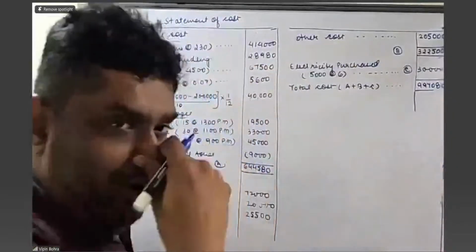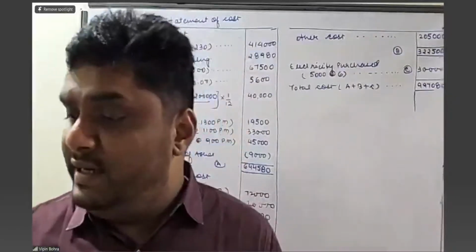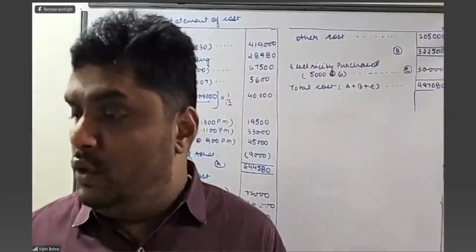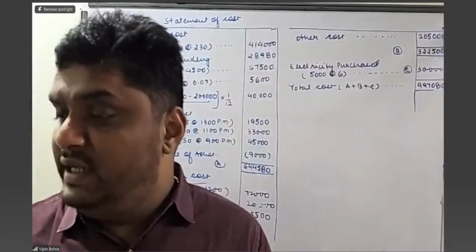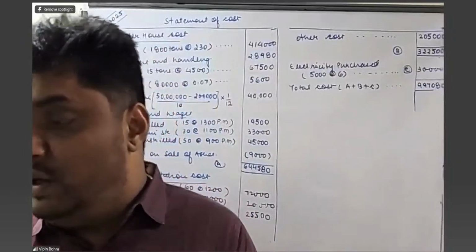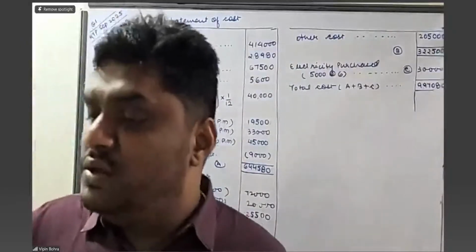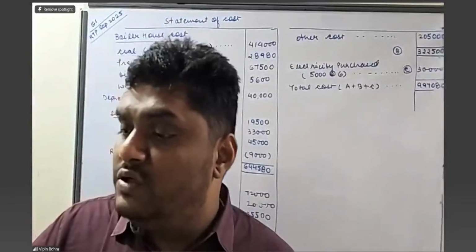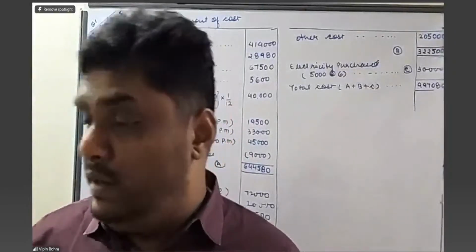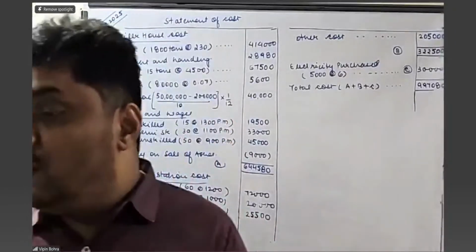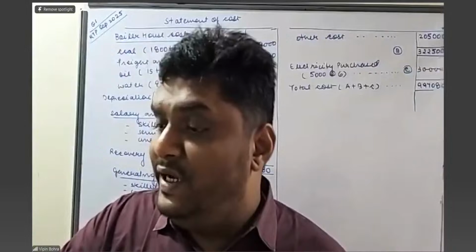So when talking about the total cost of generating the electricity, it will be 997,080. Now the question is also asking us to calculate the cost of generating electricity per units. So we have to calculate the effective units.